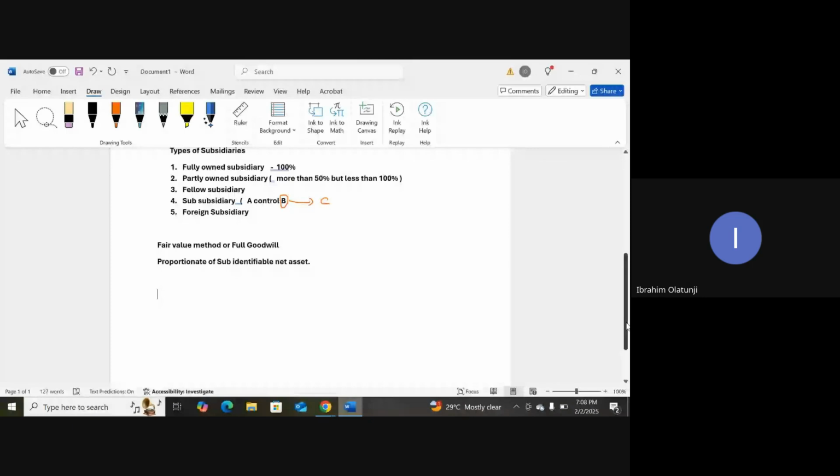Now let's think of one small example before we take it to the complex way.